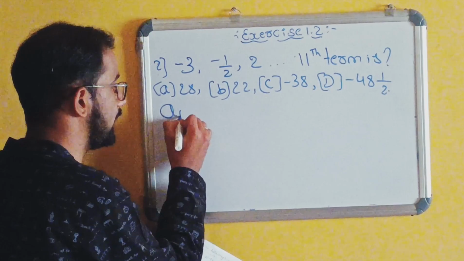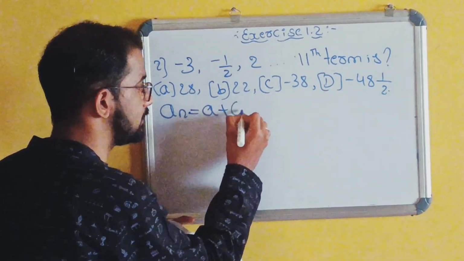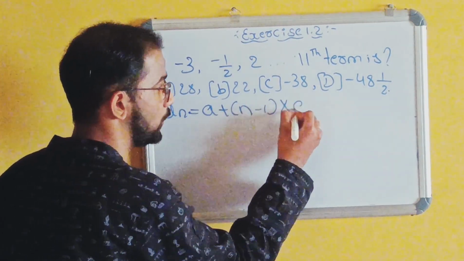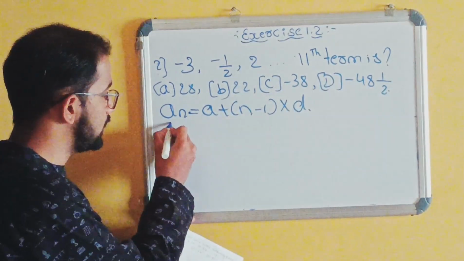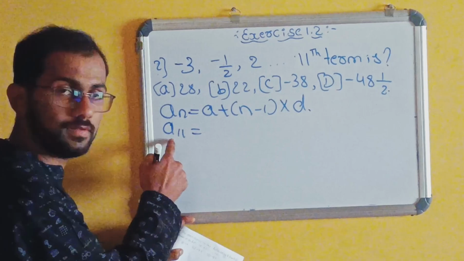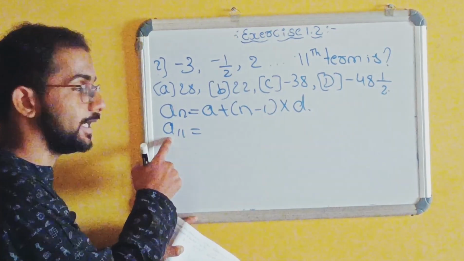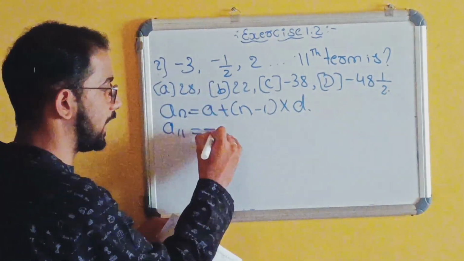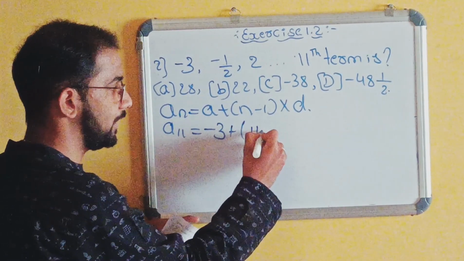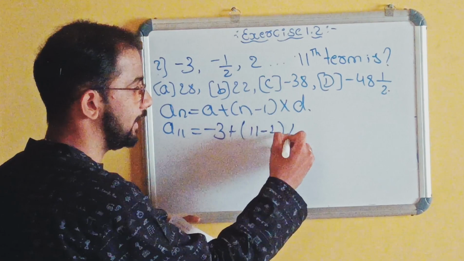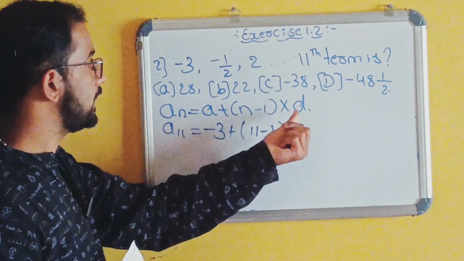Let's see. An is a plus n minus 1 into d. Now A11 needs to be calculated. A is known, that is minus 3, plus, what is the value of n? 11 minus 1, into d. How to calculate d?